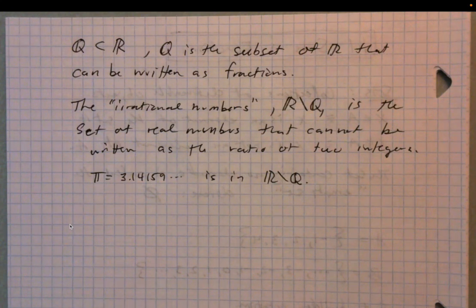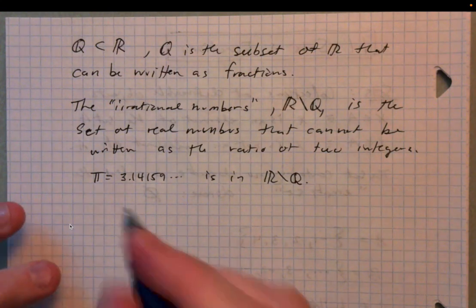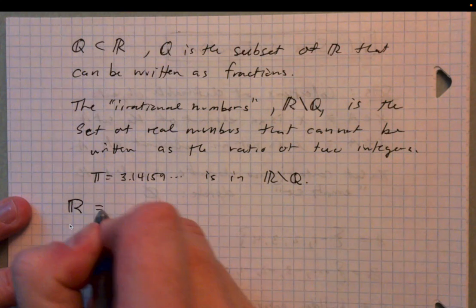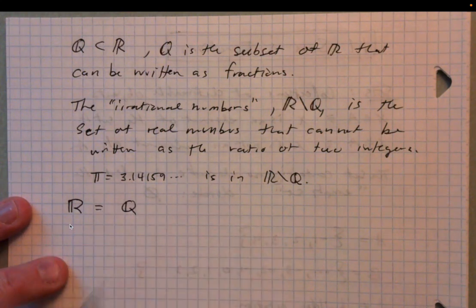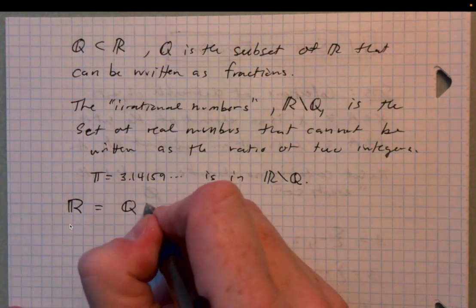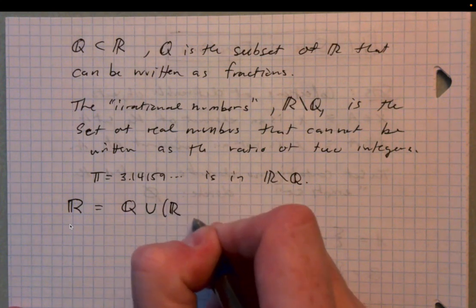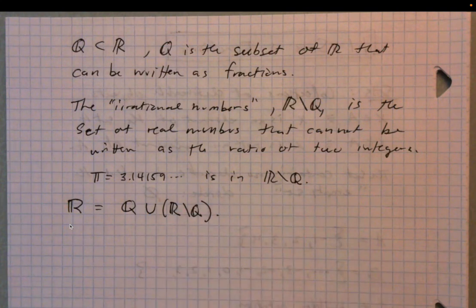So it's true that R is equal to the rational numbers union the irrational numbers. We'll talk about this notation a little later, but if you take all the rational numbers and all the irrational numbers and put them together in one set, you've got the real numbers. We'll come back to this.